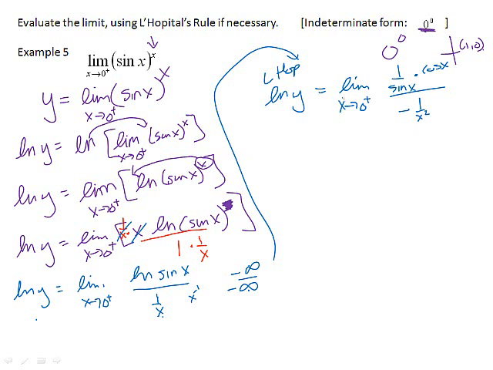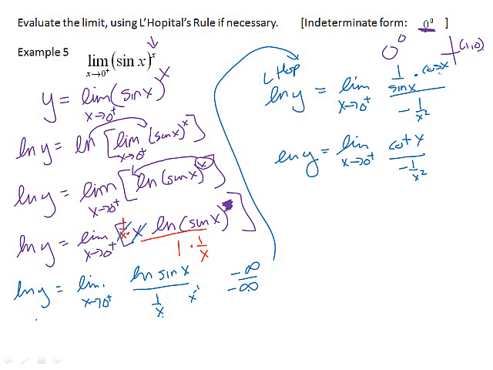Okay, so if I have cosine divided by sine in the numerator, what do I really have? Cotangent of x over 1 over x squared. Okay, so let's see what happens if I sub in there.